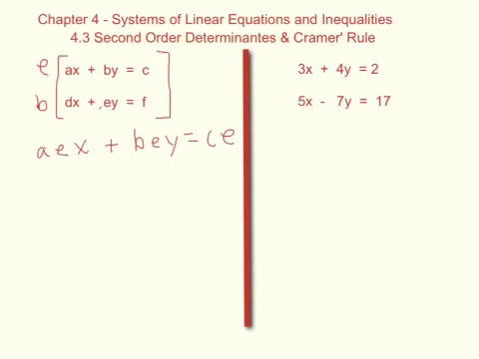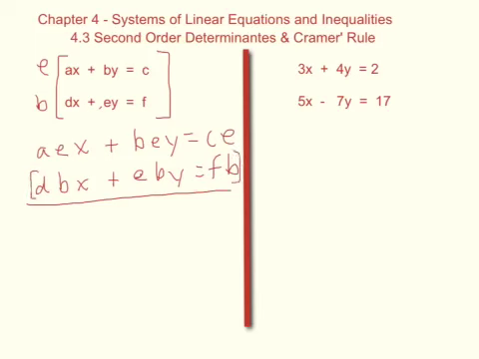We do the same thing for the second equation. D times b times x plus e times b times y equals f times b. We subtract the first from the second, in essence multiplying through by a negative.